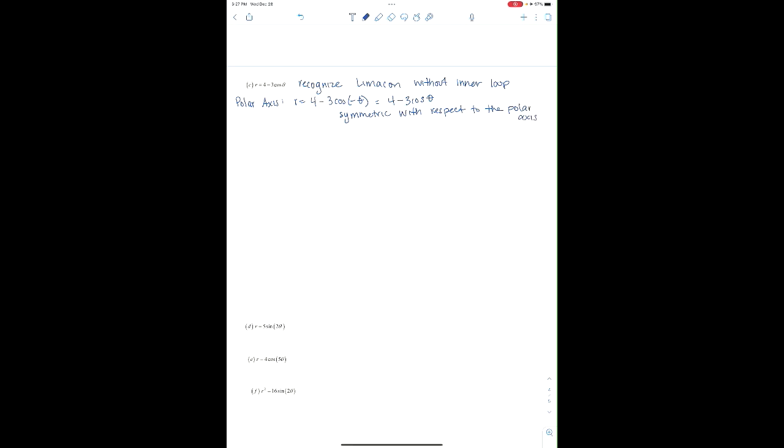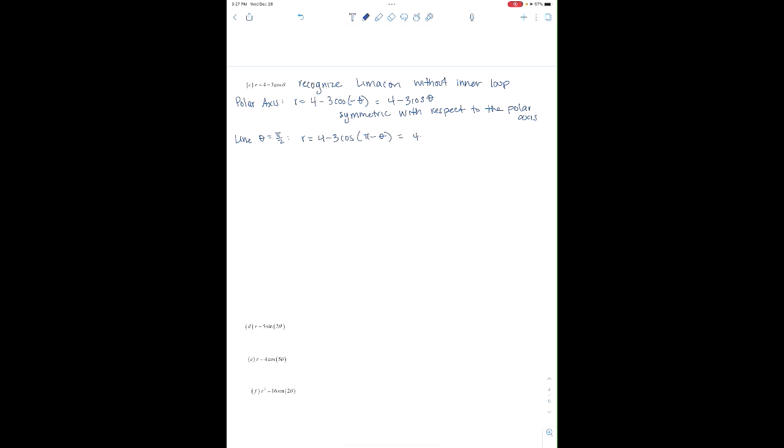Next, we'll check our line pi over 2. We will replace our theta. So we have r equals 4 minus 3 cosine, and then we'll have pi minus theta. Use our trig identities.